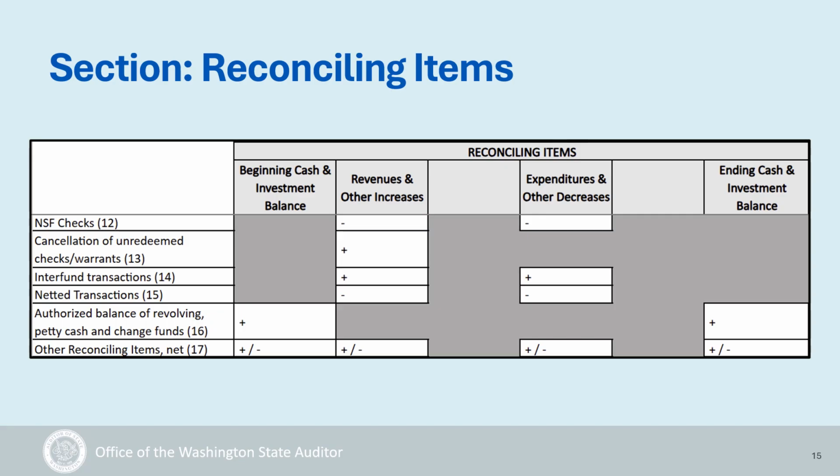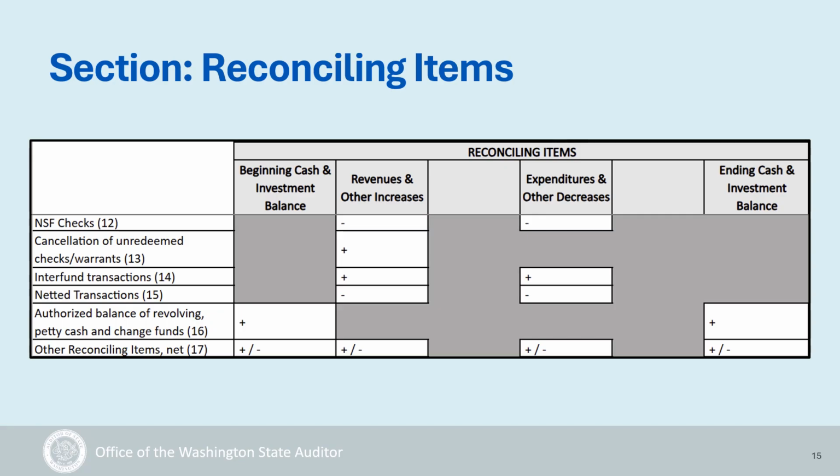These reconciling items are transactions that are increasing the cash balance on the revenue side of the equation. However, you'll note that this is only on one side of the equation. It's not on both sides, and that's intentional because that's how this reconciling item actually impacts the reconciliation between the bank statement and the general ledger.